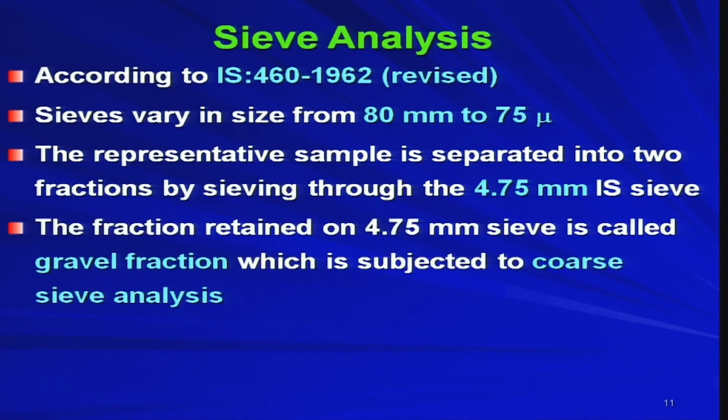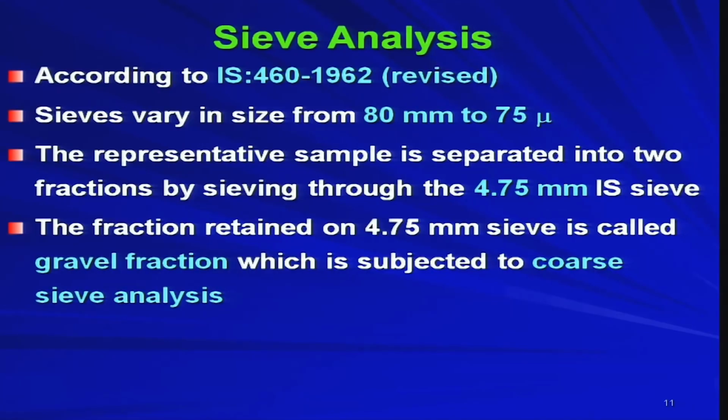The fraction retained on the 4.75 millimeter sieve is called the gravel fraction, which is subjected to coarse sieve analysis. So, in the sieve analysis system you will have two different analyses, one is coarse sieve analysis, another is fine sieve analysis. The coarse sieve analysis is done for the gravel fraction retained on the 4.75 millimeter sieve.